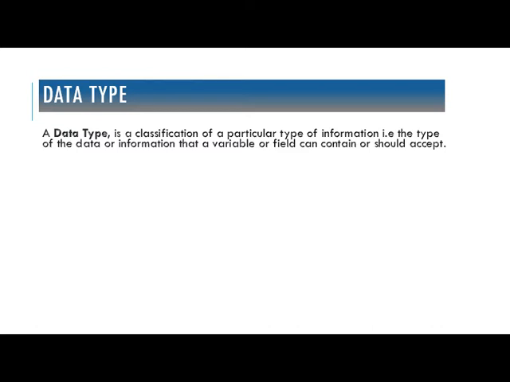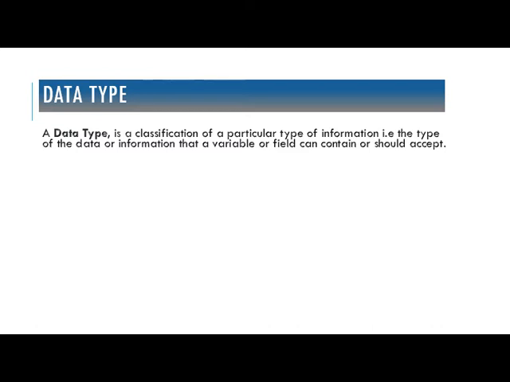It's a classification of a particular type of data or information. Information is nothing but data. Whatever information we need to feed into the application or into the variables, this data type will classify what kind of data we need to feed.